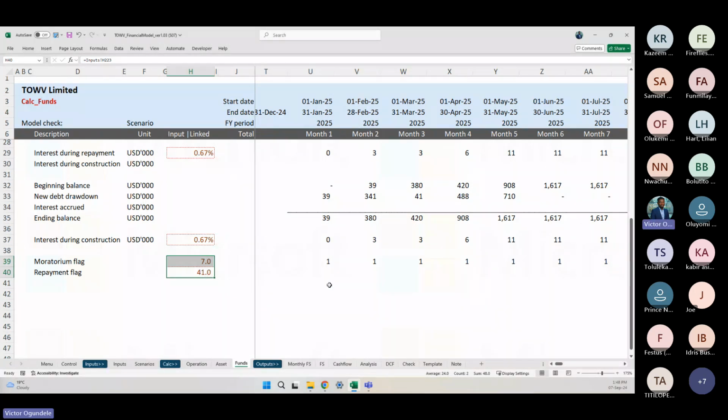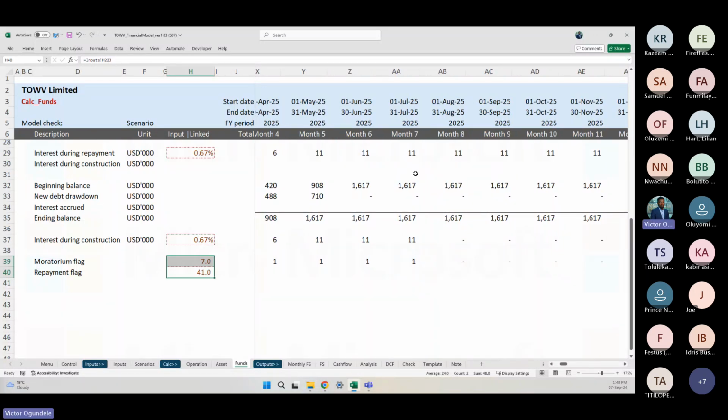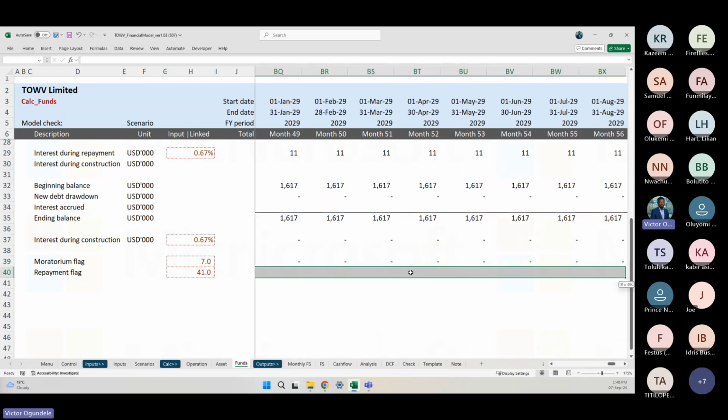Which means from here, it will start counting from 1 up to when we get to month 48, because the moratorium period is also included in the total loan period.